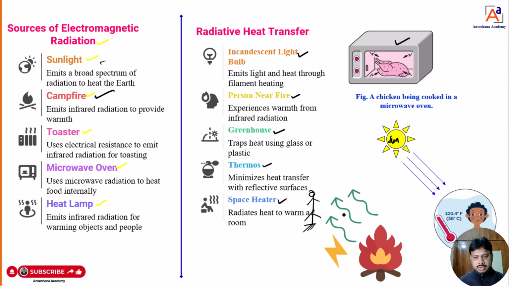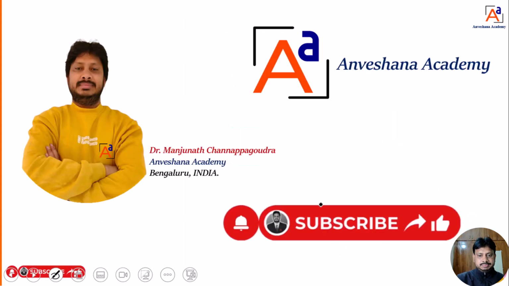The fire is at this point, but he is going to experience some heat. That heat is flowing in the form of electromagnetic waves, and there is no fluid media. That type of heat transfer we can call radiation heat transfer, dear students. This is also one of the examples we can consider for radiation heat transfer.